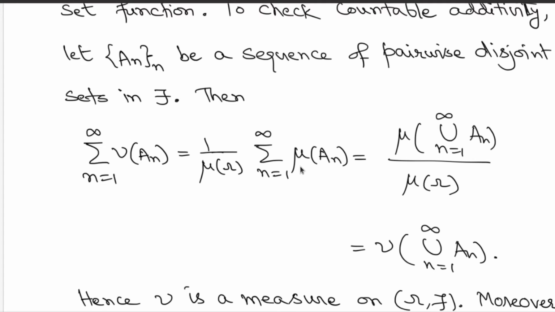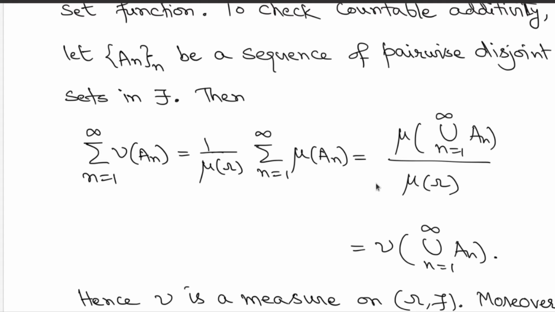But since mu itself is a measure, it has countable additivity, and that allows us to write the numerator as mu of the countable union of the A_n. This simply uses the countable additivity of mu.